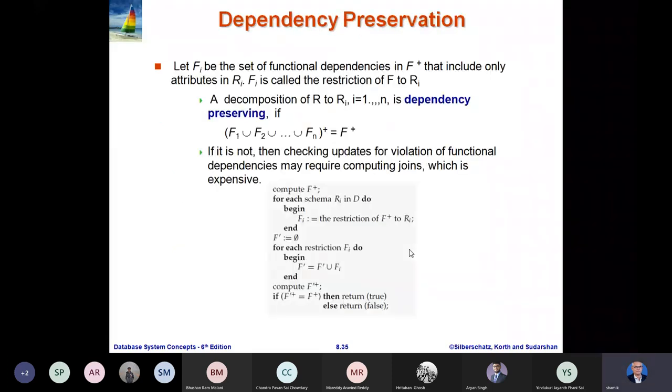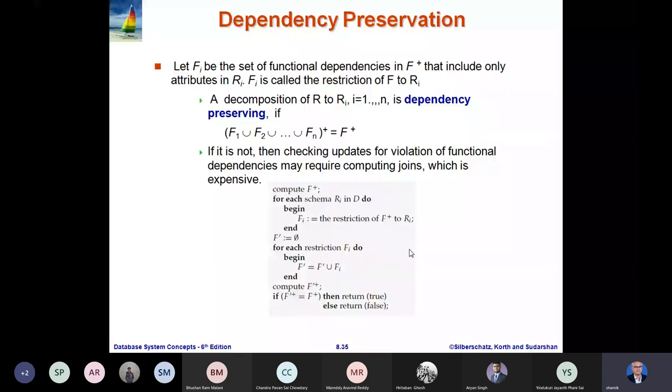So, dependency preservation. Let Fi be the set of functional dependencies in F plus that include only attributes related to Ri. So we have a decomposition of R into Ri, i equal to 1 to n: R1, R2, up to Rn, and what is important is that we want to see whether this is dependency preserving or not. It is very simple.